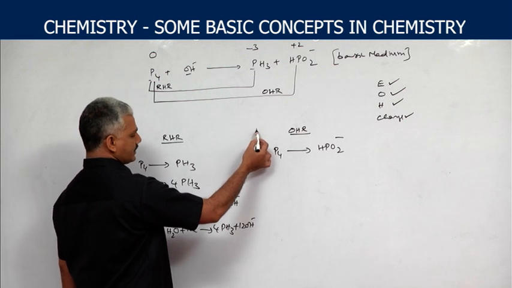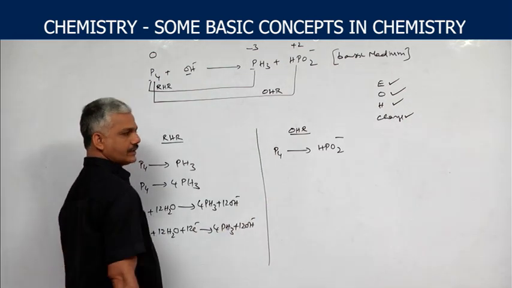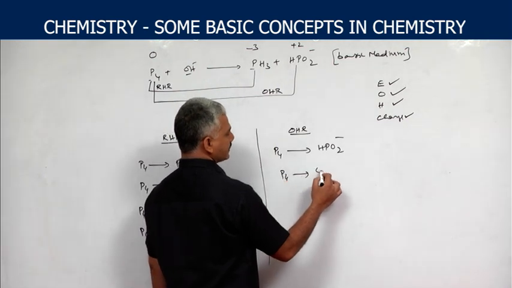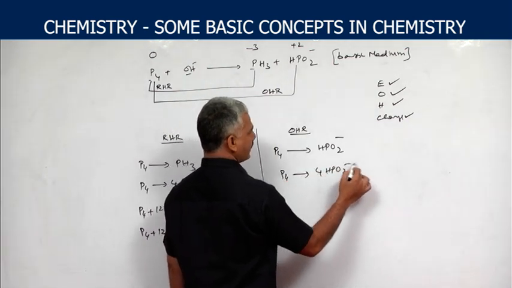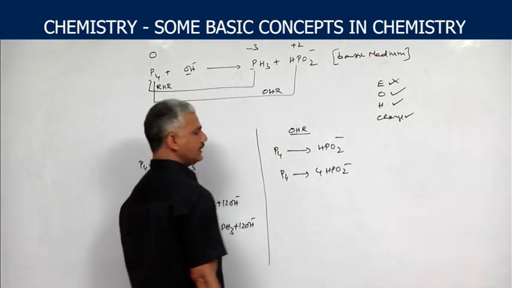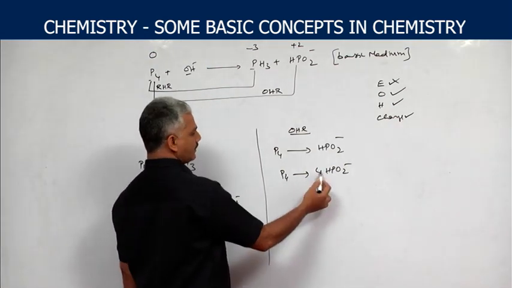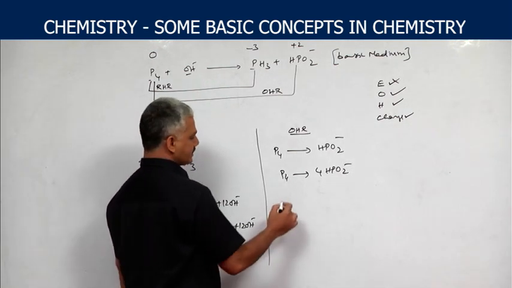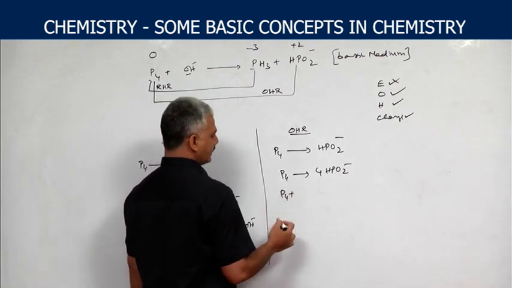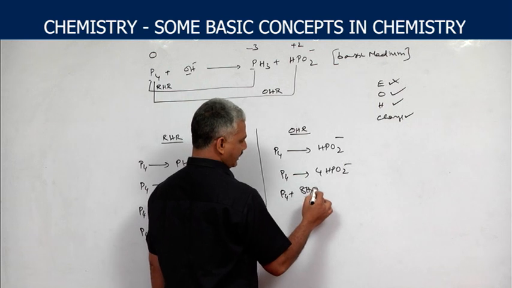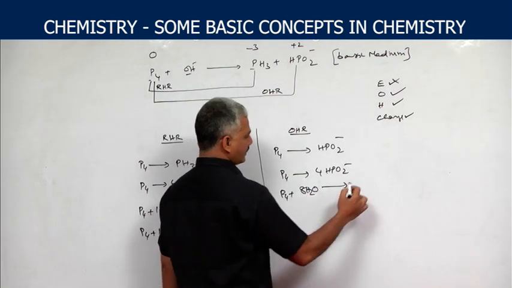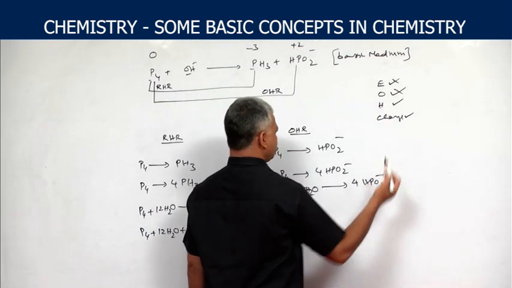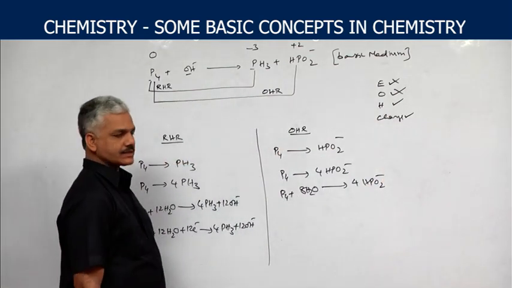Now, applying the same procedure to the second half of the reaction, P4 gives 4 HPO2 minus, that will balance the element. Then coming to oxygen, on product side 8 oxygens are present. So, on the reactant side we will add 8 water molecules. Oxygen is balanced.